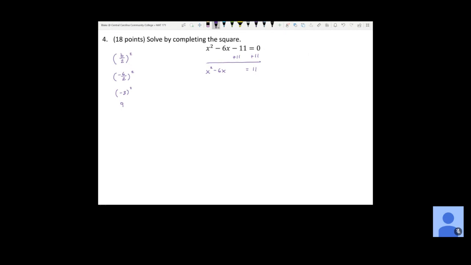All right, so now what am I going to do at that point? Add the 9 to both sides. Good. Right, so we're going to put our +9 here. That means we also need to come over here and add 9 to the other side also.